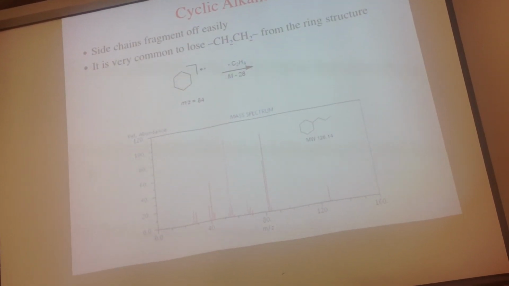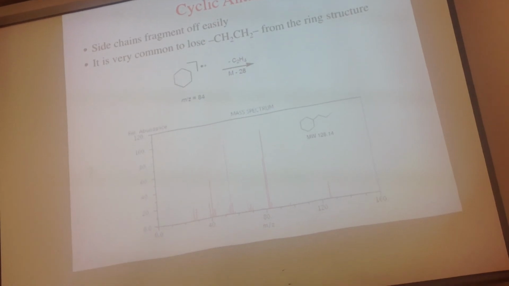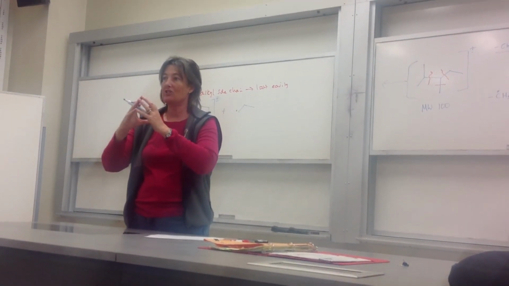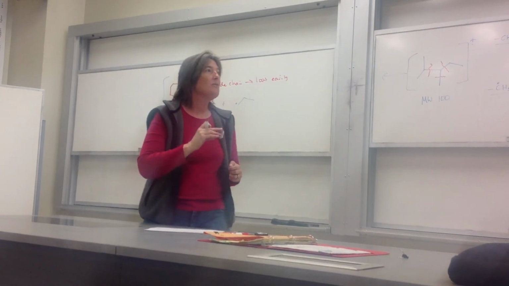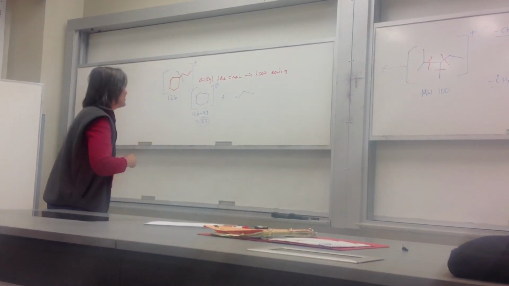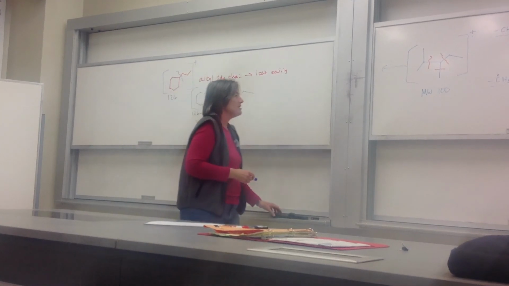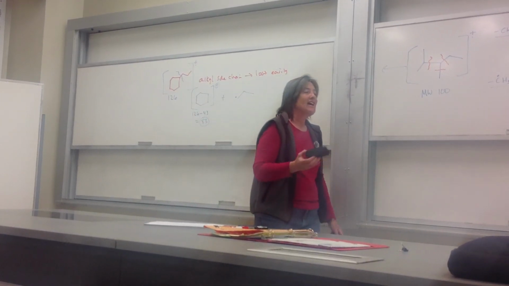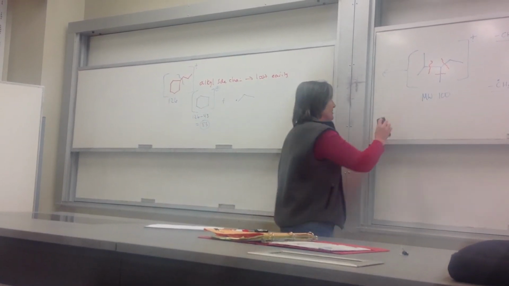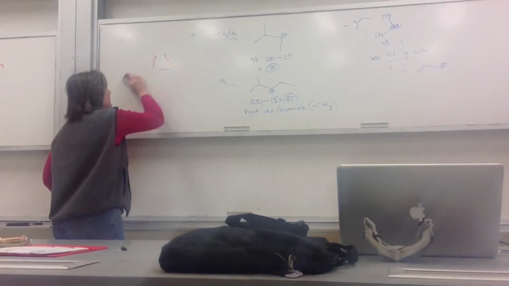Okay, now, what will first happen is if you have a ring and it has things on it, the things that are on it crack off. So you look for just the ring piece. And then what tends to happen is the weirdest thing ever: the ring itself breaks out a 2-carbon fragment. And this is really odd.